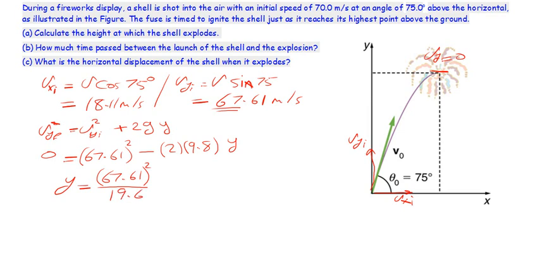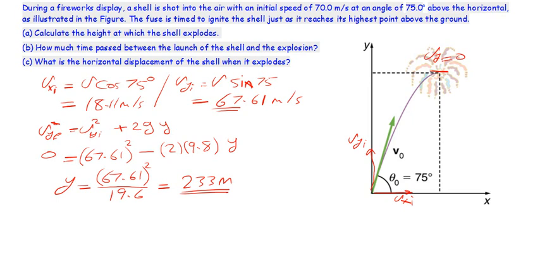Now, when we do the math, that will give us 233 meters above the ground. So that will be the maximum height this shell will reach before it explodes.